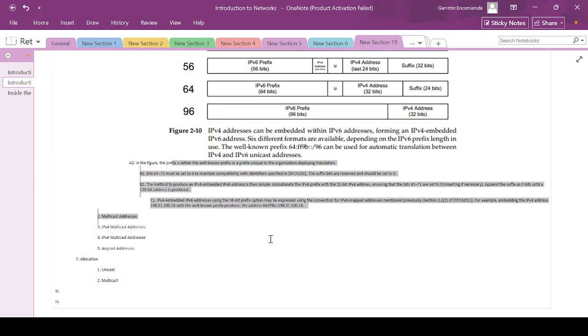An IPv4-embedded IPv6 address using the 96-bit prefix option may be expressed using the convention for IPv4-mapped IPv6 addresses mentioned previously, section 2.5.5.2 of RFC 4291. For example, embedding the IPv4 address 198.51.100.16 with the well-known prefix produces the address 64:ff9b::198.51.100.16.